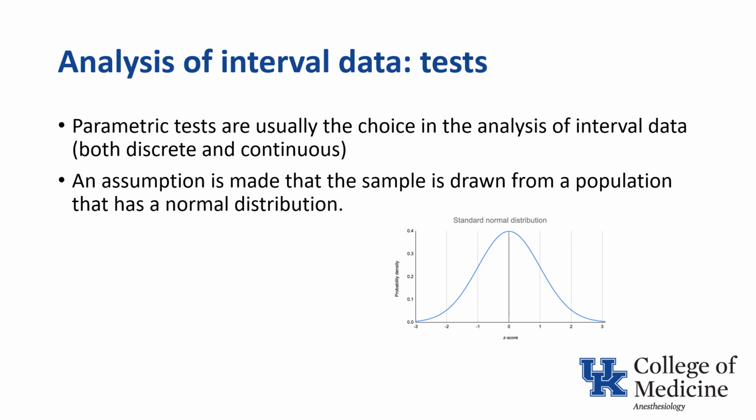An important assumption that you need to keep in mind is that the sample being studied should be drawn from a population that has a normal distribution. And as you all probably know, a normal distribution is a standard bell-shaped curve, as depicted in the picture at the bottom of the slide.